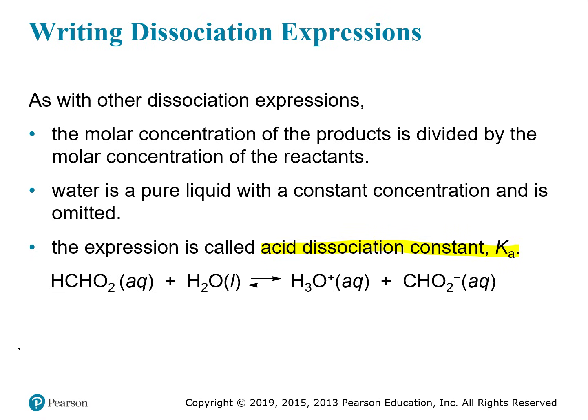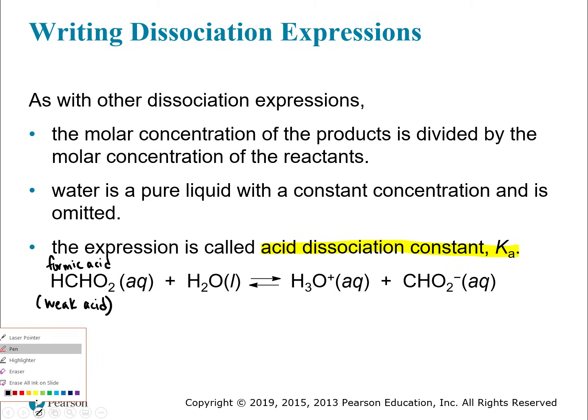So this is the same weak acid dissociation that I showed on the last slide. We've got formic acid, which is our weak acid, and we have water. That water is not going to show up in our dissociation expression.